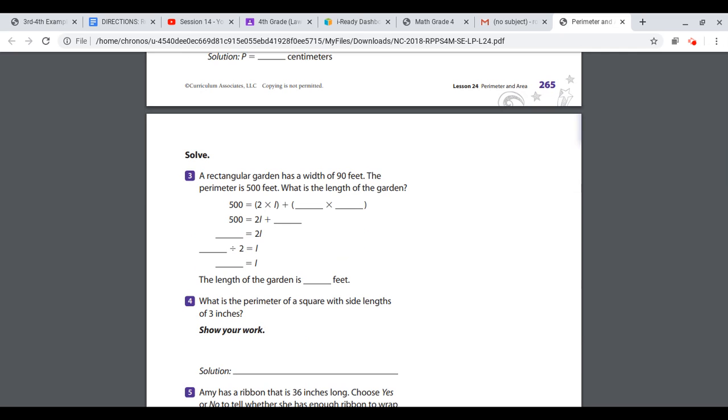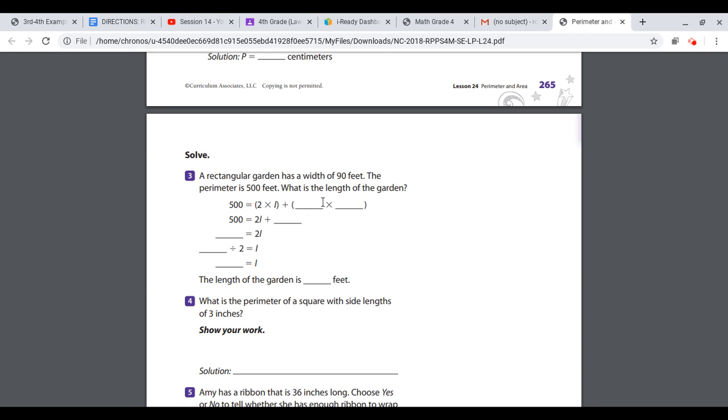Number 3, we're going to do together. Okay, so a rectangular garden has a width of 90 feet. The perimeter is 500 feet. What is the length of the garden? So the width is 90 feet. So the length's over here, the width's over here. So you're going to do 2 times 90 in these parentheses right here, because it told us what the width was. 2 times 90.